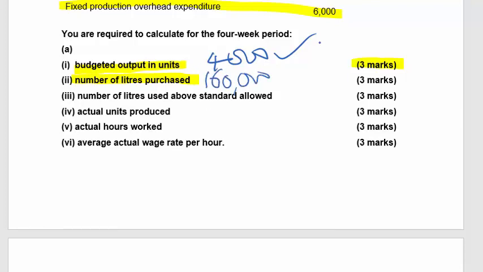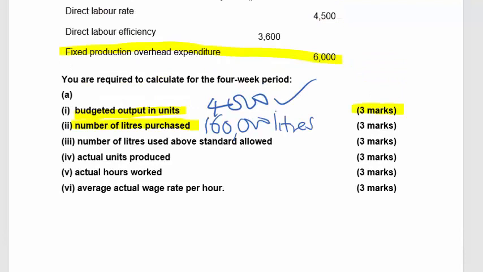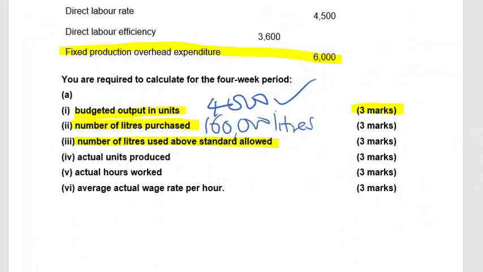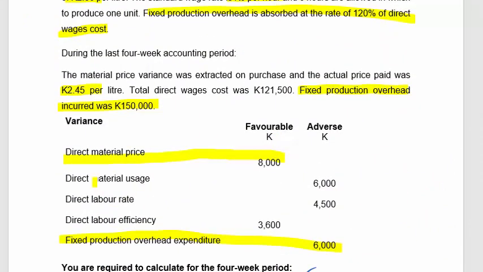If that was a bit too much, please pause the video, watch it again, rewind, and then move on to the next question. For the next question, we were asked for the number of liters used above the standard allowed, and what we know is that the material usage variance is 6,000.